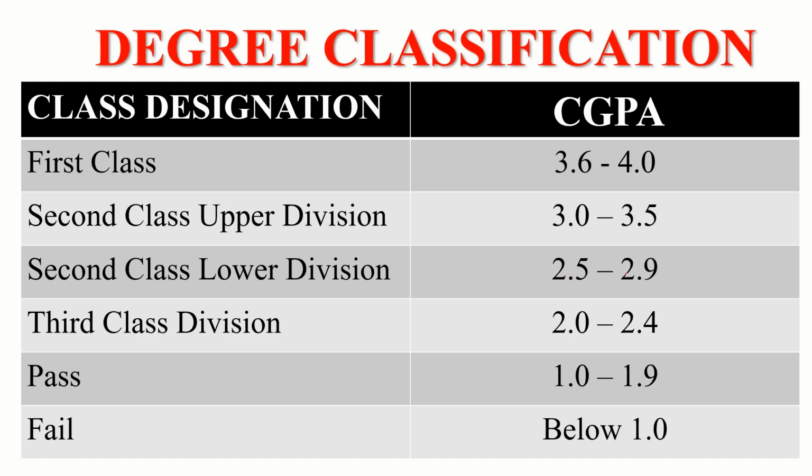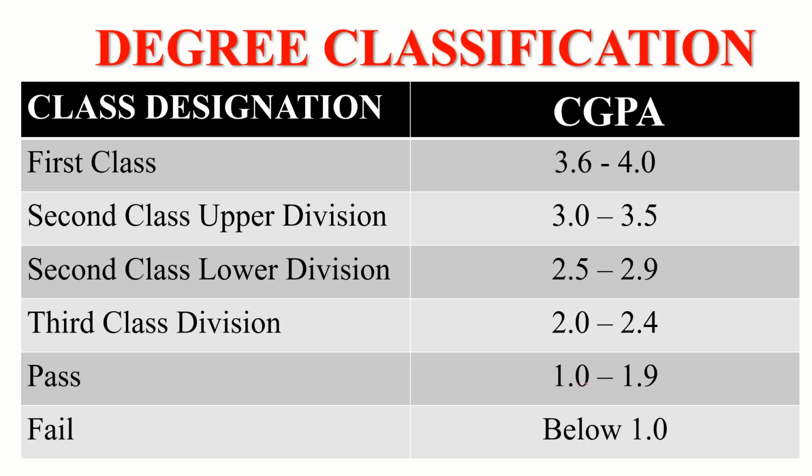As usual, your standing CGPA should be between this range, and you have your degree as a second class lower division student. And for third class division student, it ranges from 2.0 to 2.5. And so to get a third class, your CGPA has to be within this range.